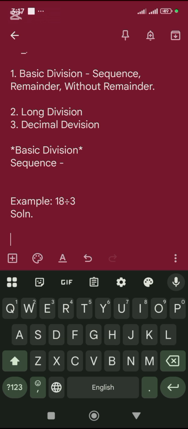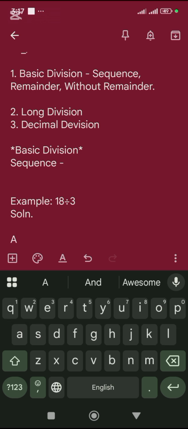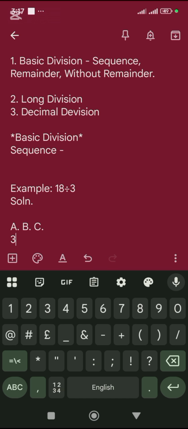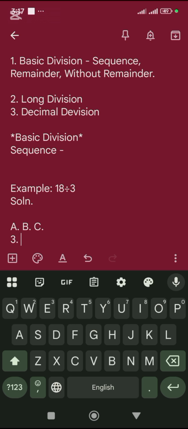Like we did in the first case, we have group A, group B, group C. These are 3 groups. First, let's give 3 to each group.